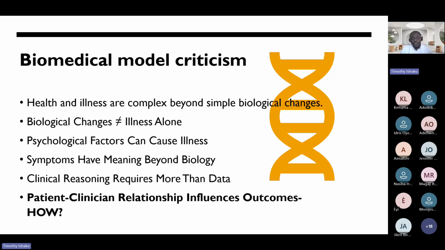So functional disorders cause illness. And this aligns with a bigger model, which is the biopsychosocial model, which recognizes the mind and body interaction that contributes to health and disease.